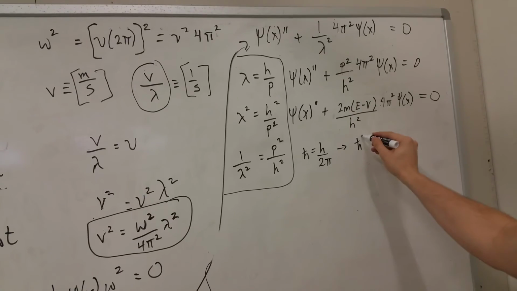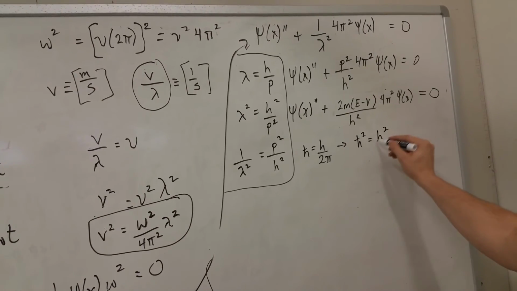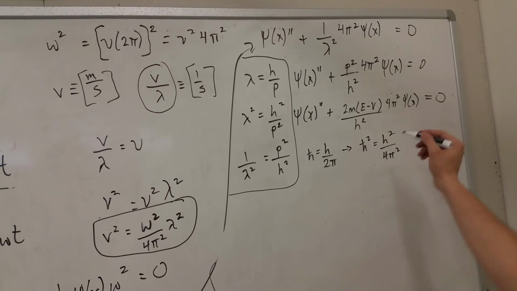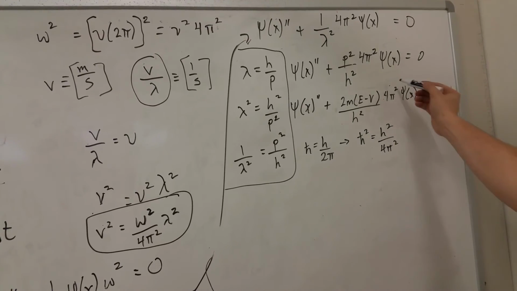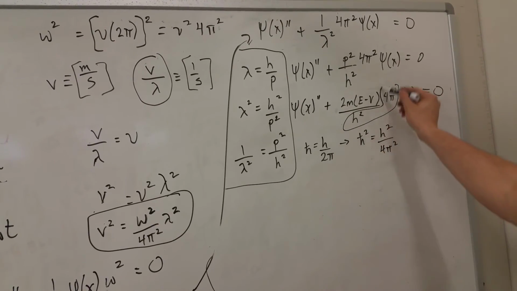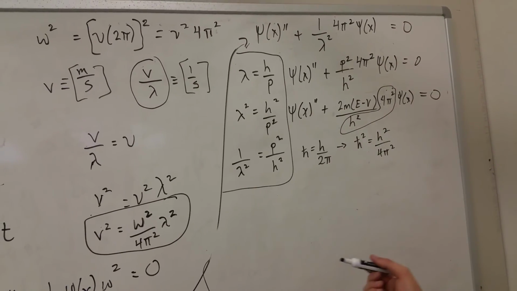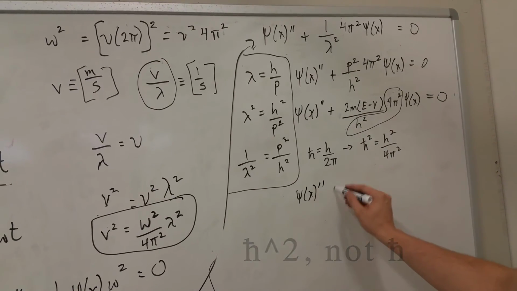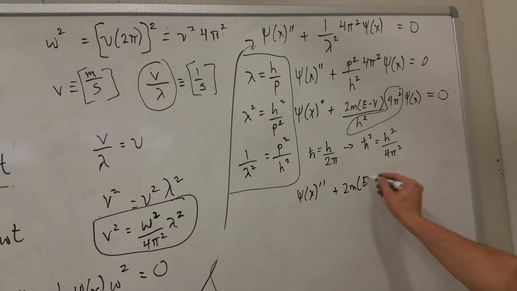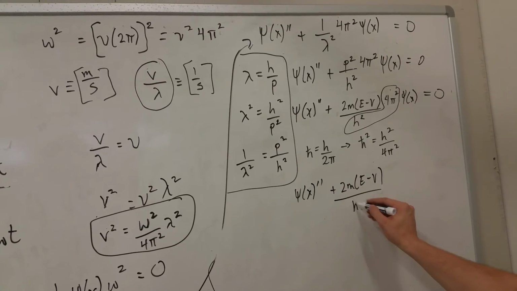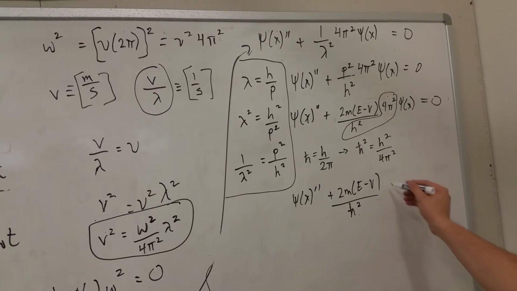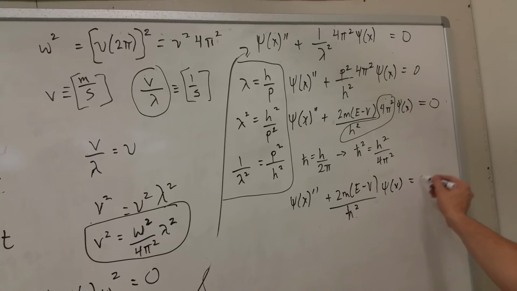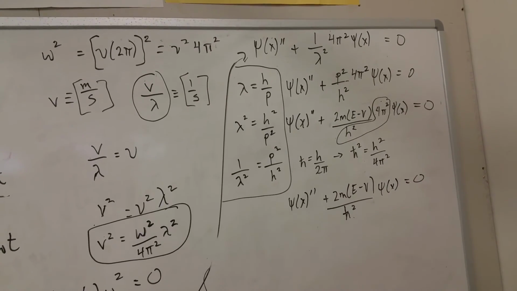So then we have h bar squared is h squared over 4 pi squared. That's all it is. And now we recognize it right here. That is simply 1 over h bar squared. So we'll simplify that: 2m(E minus V) over h bar squared, psi of x equals 0. Okay, so that's where we are now.